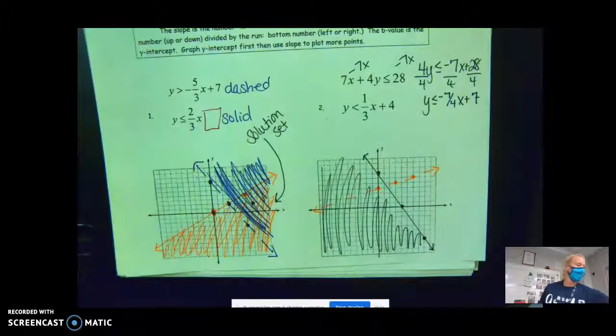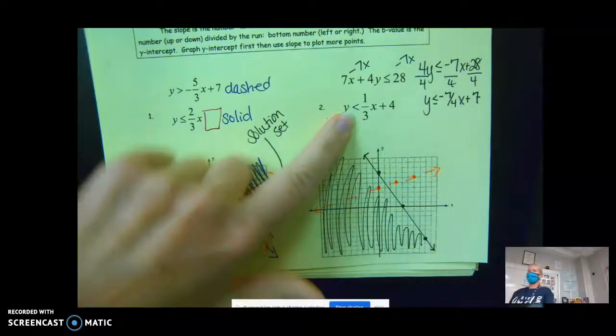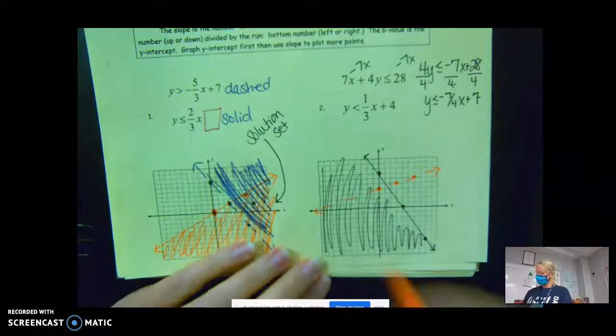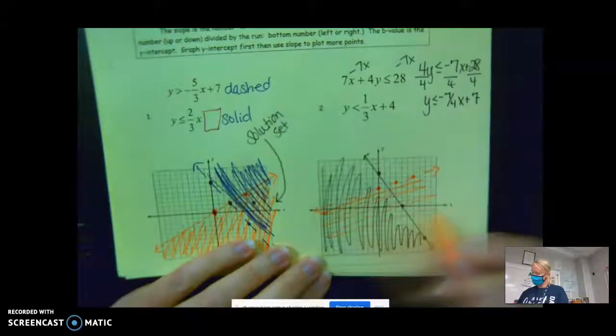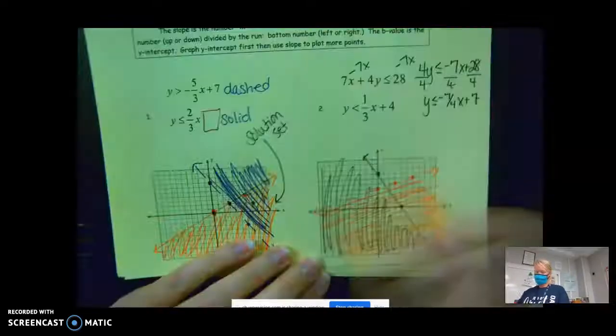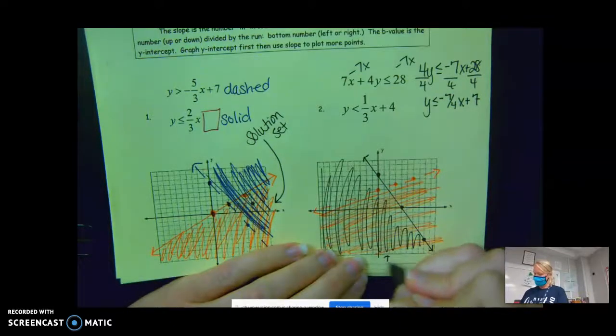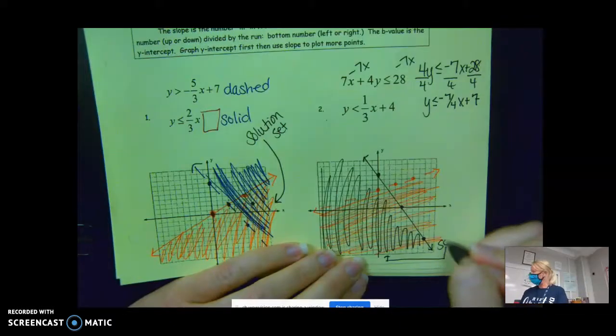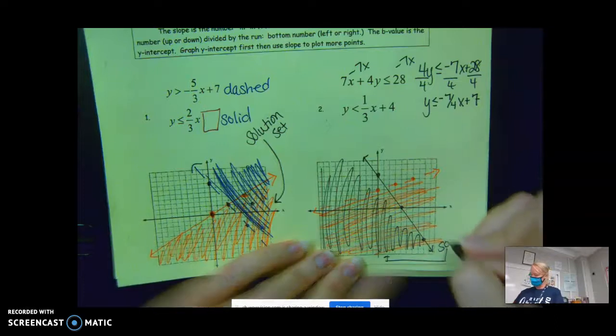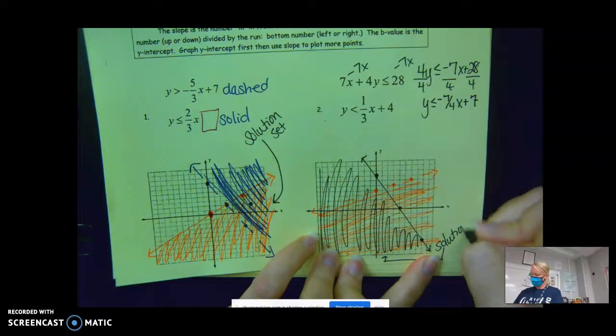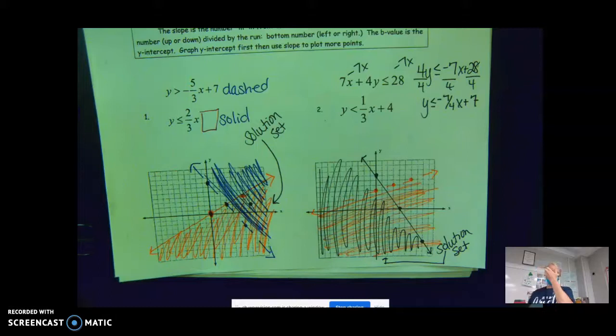All right. It is less than again. So above or below? And we look where it's doubly shaded, which is down here. And that is my solution set. Okay.